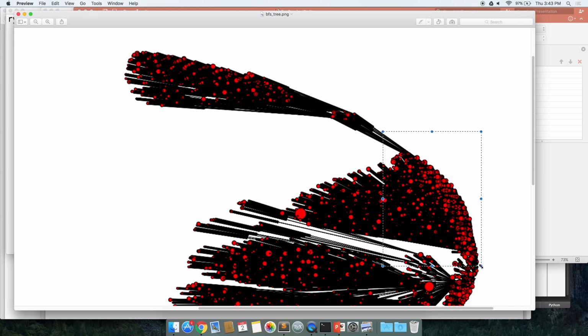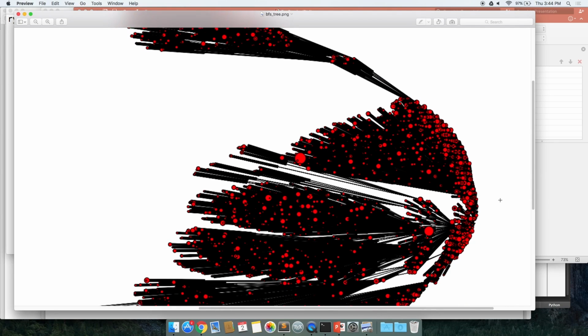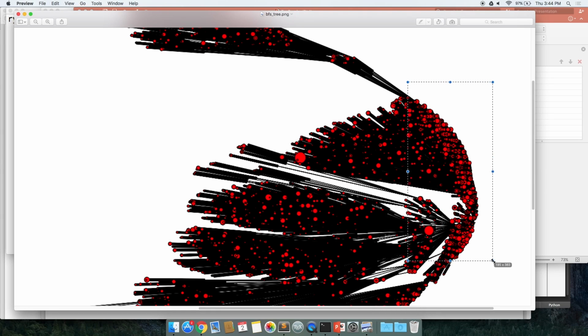You can think of those as important vertices. You can also see right near the starting vertex that there's a lot of overlay of vertices. So you may also want to consider which one among those is the closest to all of the other ones. That may be an important metric to look at.